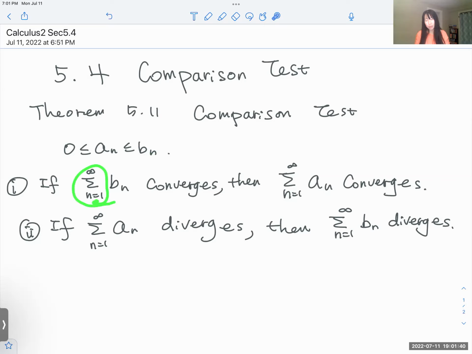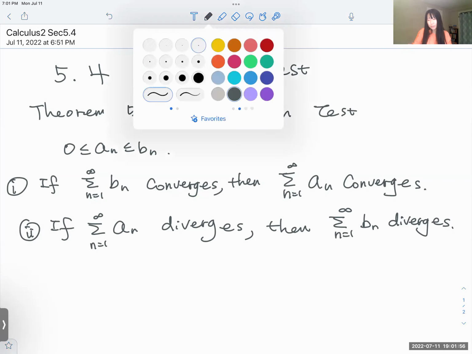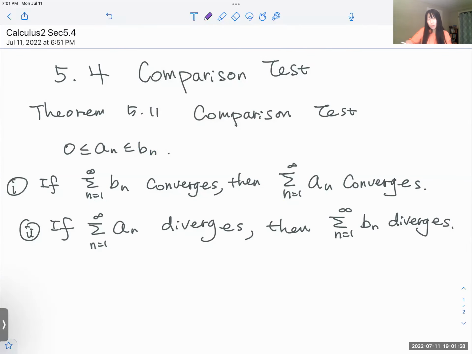If the series of b sub n converges, then the series of a sub n converges, okay? This is the comparison test, and your homework and other textbooks use that.